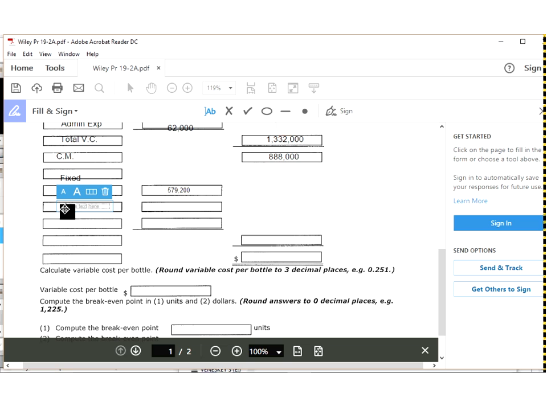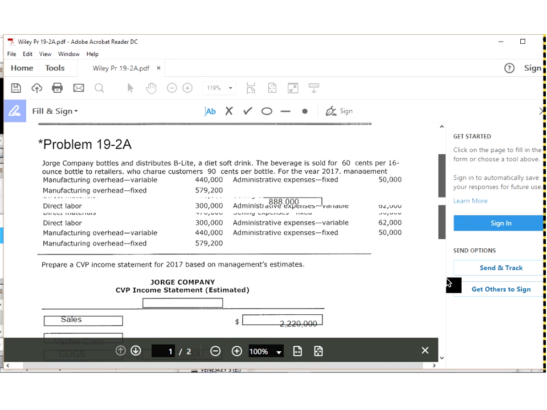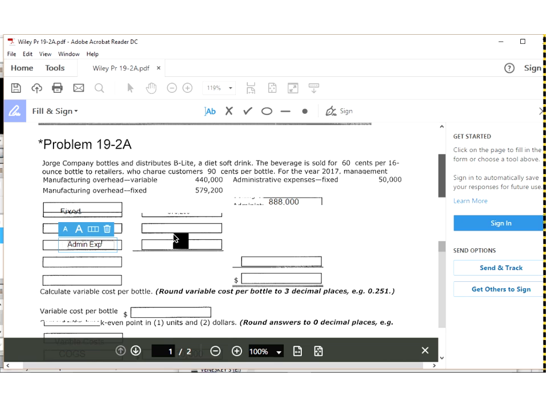And then I have my other two that I had in before, the selling expenses and the admin expenses. And if I look back up, those are both the same. They were both $50,000 each.